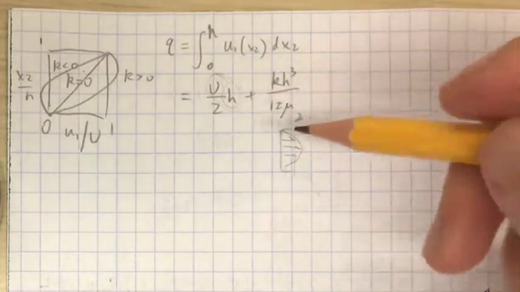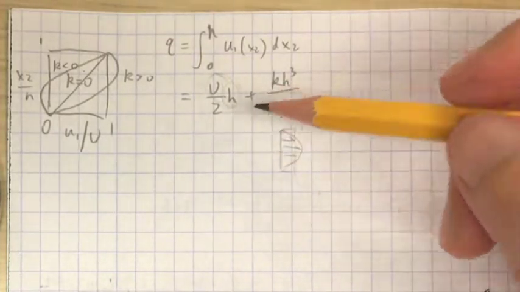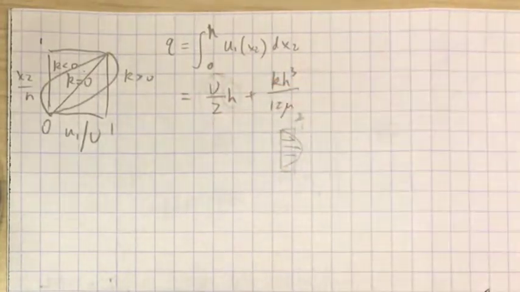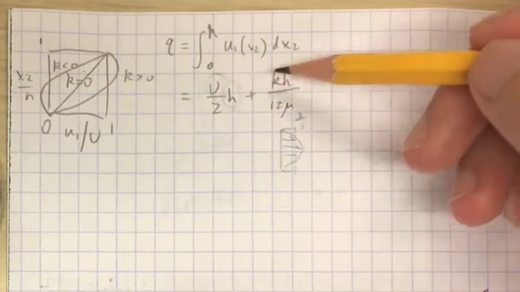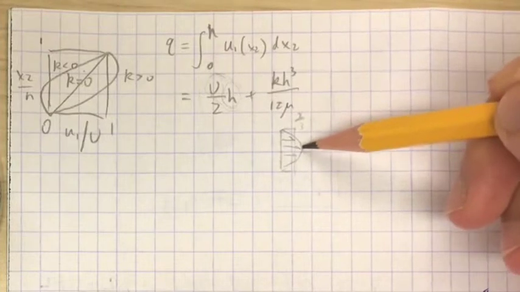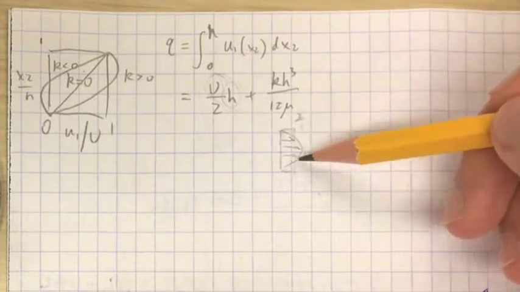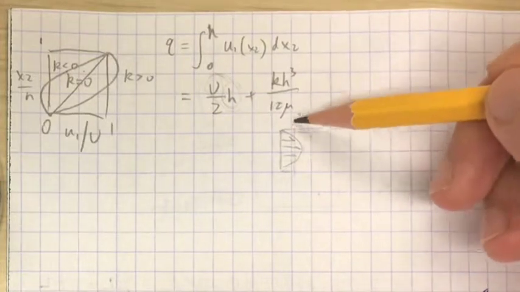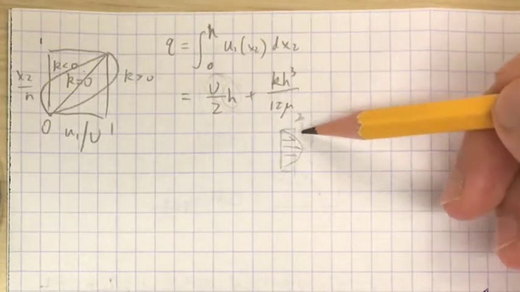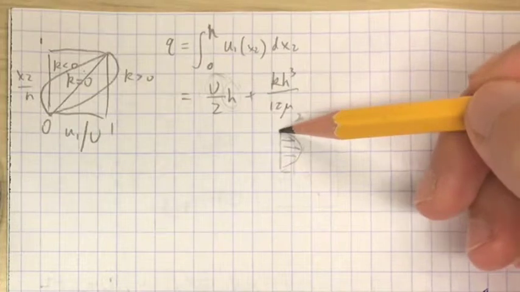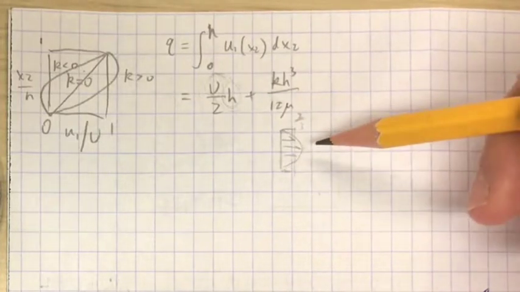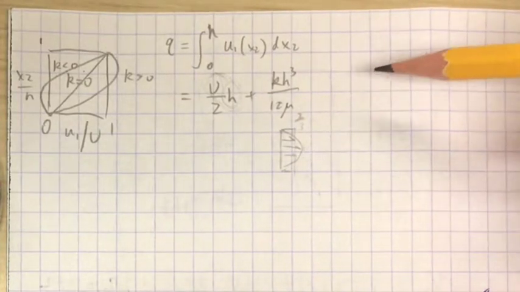So you can plug in half h in the solution we got to get the max velocity of the pure Poiseuille flow, and you times it by 2/3, and you will get the average velocity resulting from the Poiseuille part. Okay?